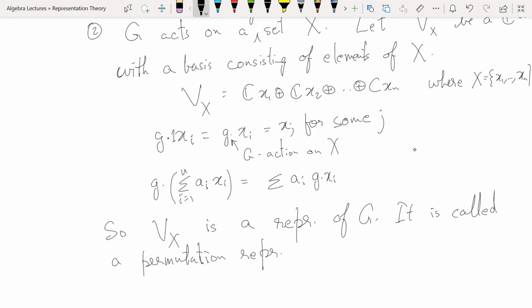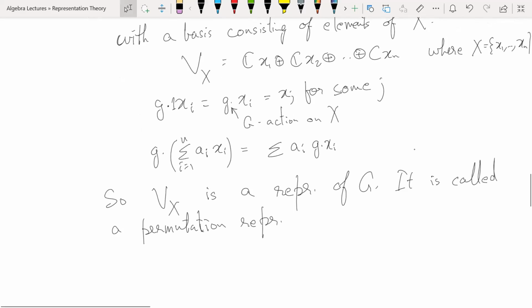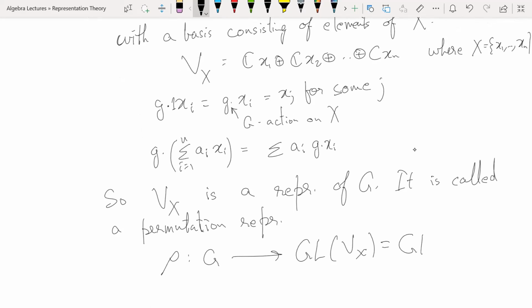If you look at the map, it will induce a map from G to GL(Vx), the set of linear maps from Vx to Vx. If you fix a basis, it's equal to GLn(C).